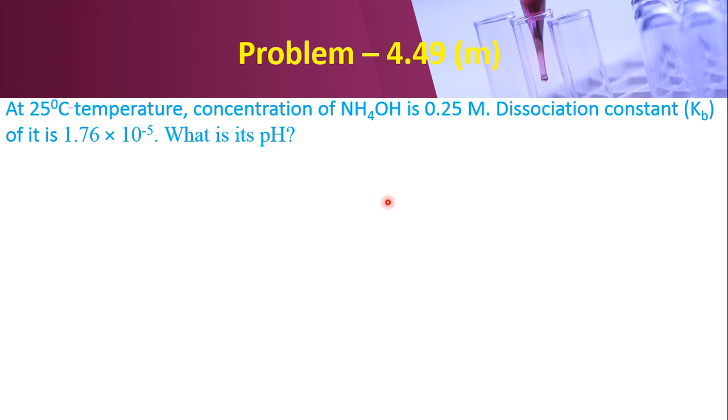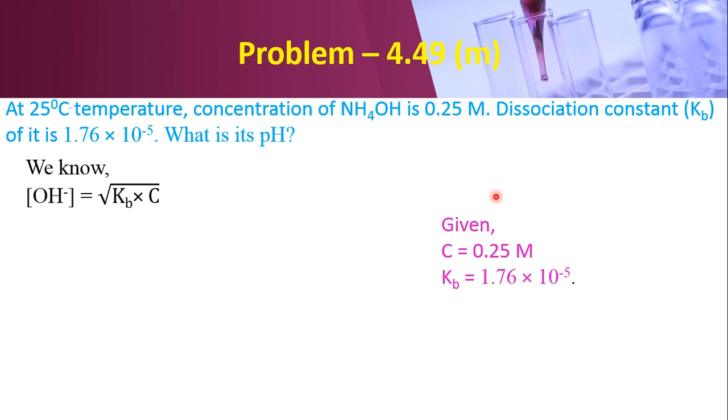So at first we will find the concentration of hydroxyl ion. Concentration of hydroxyl ion equals root over Kb into C, and after putting the value we get the concentration of hydroxyl ion equal 2.09 into 10 to the power minus 3 molar.